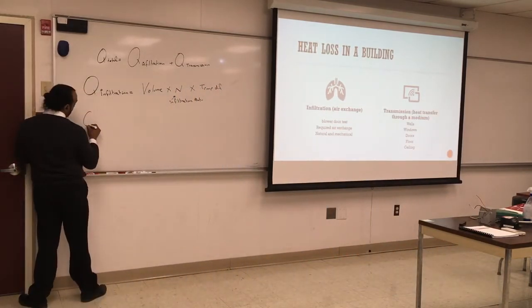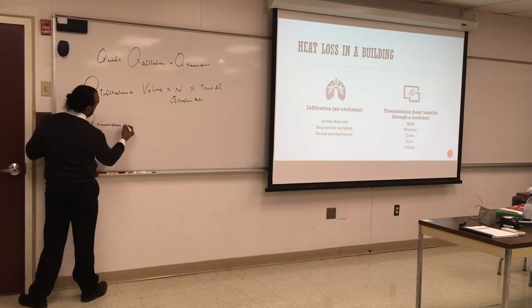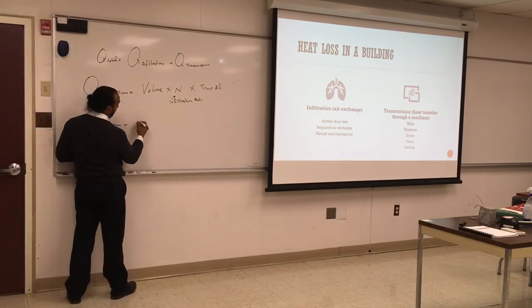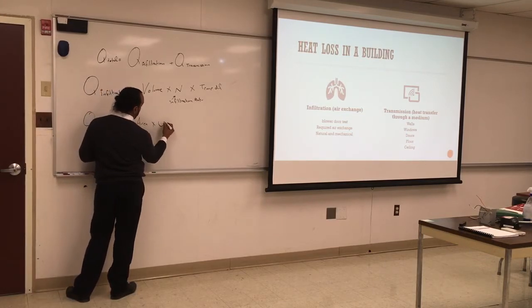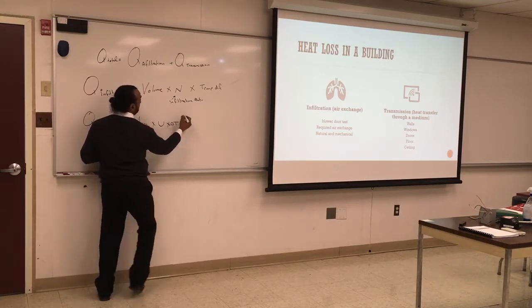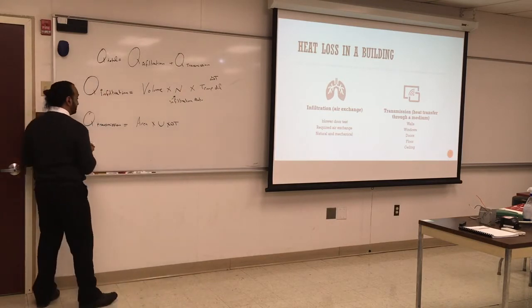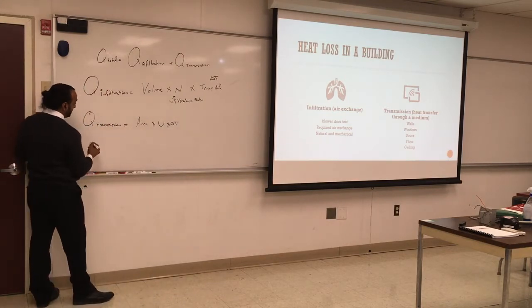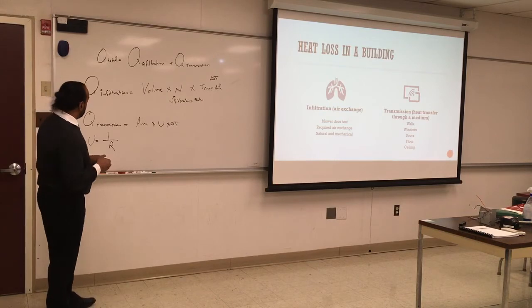And heat transmission equals area times U factor times delta T, which is this thing here. Temperature inside and outside. Okay? And U factor equals 1 over R, which is the resistance of that material.